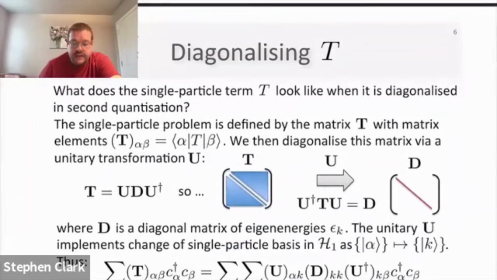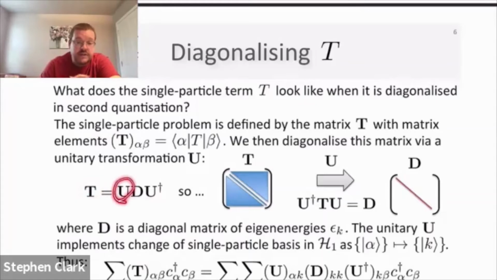So I've got this T term in my Hamiltonian, the single particle term, and it has matrix elements that were given by these terms here. So it's a D by D matrix, and I'd like to diagonalize it. So what does that mean? Well, in linear algebra, a diagonalization means that you decompose the original matrix into some unitary matrix times a diagonal matrix times the dagger of the unitary matrix.